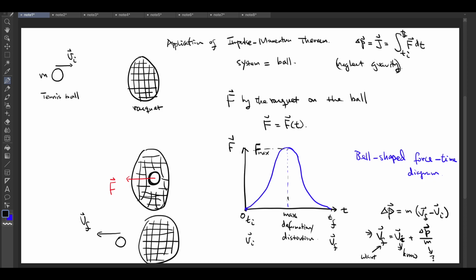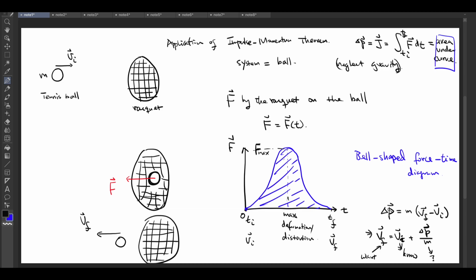Okay, so if we know that, then we should be able to do this calculation of the V final, and that integral is the area under the curve. Okay, so let me draw this area, and that's this shaded area. And in a lot of situations, we can actually calculate this area.